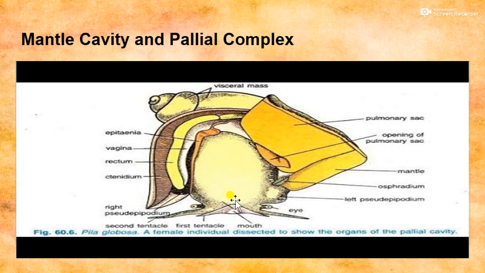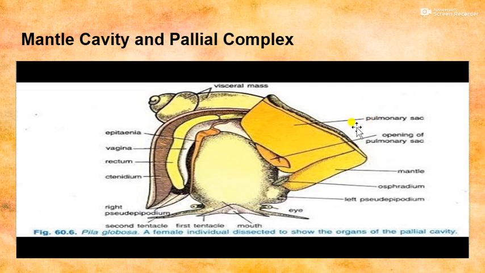Near the right pseudopodium is a prominent ridge or epipodial ridge. Look at this. It runs backward up to the end of the mantle cavity. It divides the mantle cavity into the right branchial cavity and the left pulmonary sac.